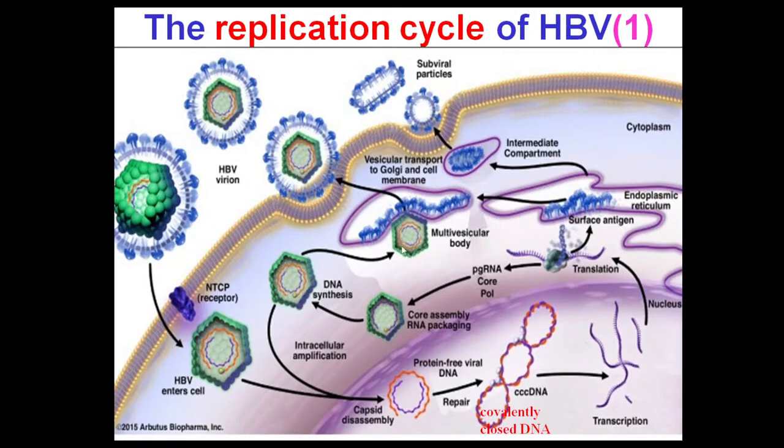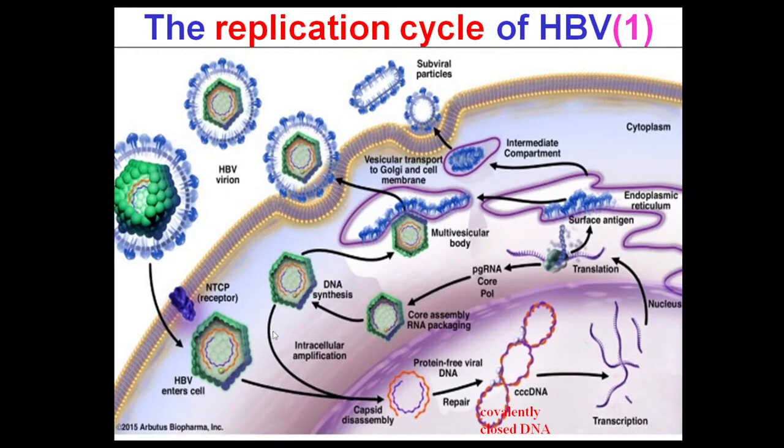As soon as negative strand DNA is produced using our pre-genomic RNA as a template, then immediately the pre-genomic RNA will be digested, because as far as we know there should be no DNA and RNA together in the viruses, right? So the RNA will be completely degraded.